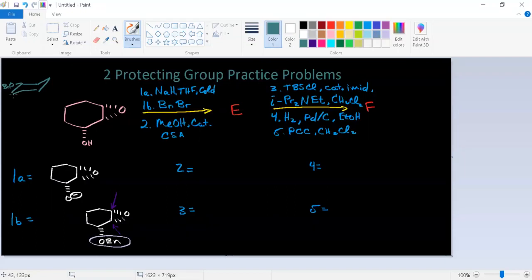I'm going to put the epoxide pointing down, because they're both on a dash. So they're pointing down right here. Recognizing where the H's are is the important part. If the OBn group is in the equatorial position, then the H is in an axial position.